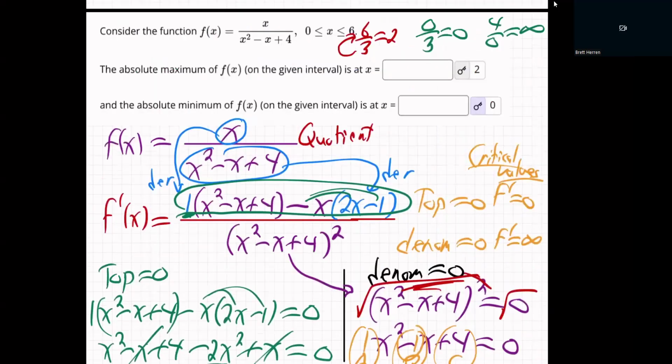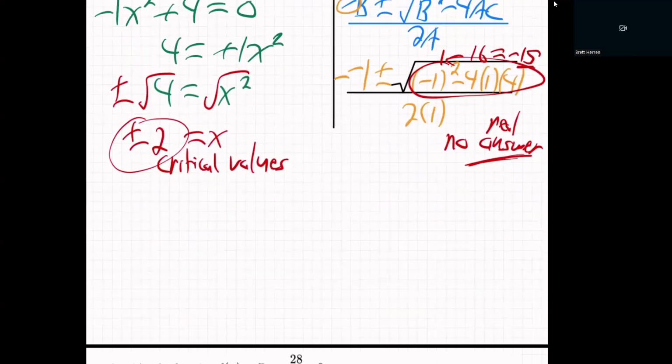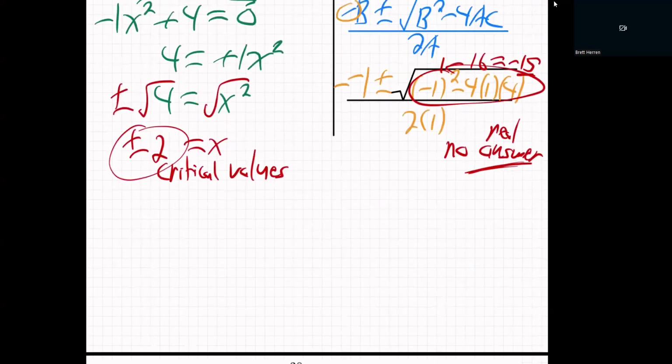Okay, so now you got to use that along with, let me go back up here, the left and the right of my interval, 0 and 6. So step 2 is you make a table. Step one, we found the critical values. And then step 2, you make a table.